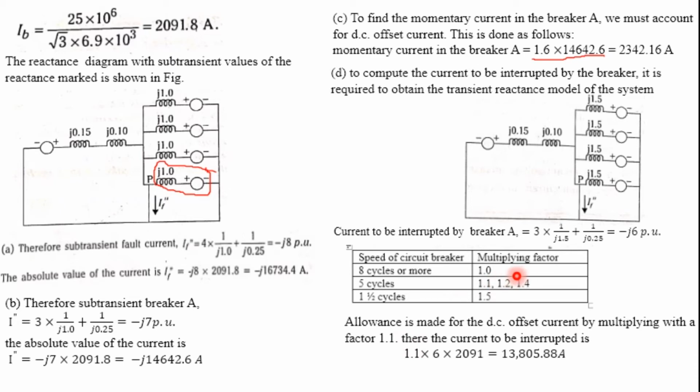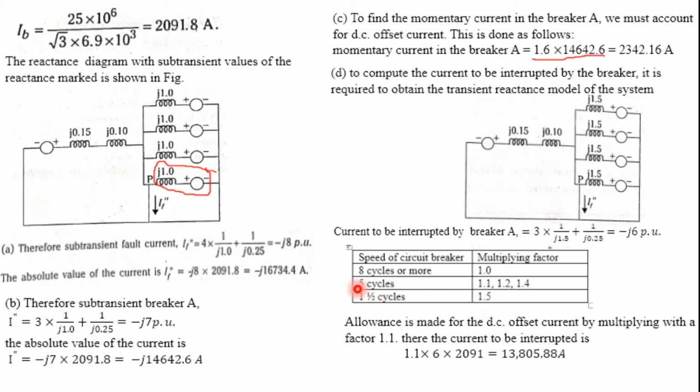In the examination they will mention the speed of the circuit breaker and the multiplying factor. If it is 8 cycles or more, we multiply by 1. For 5 cycles there are three variants, 1.1, 1.2 and 1.4, and for 3 cycles you multiply by 1.5.